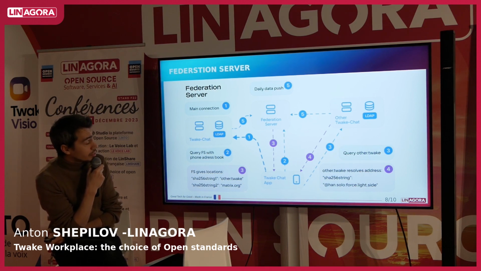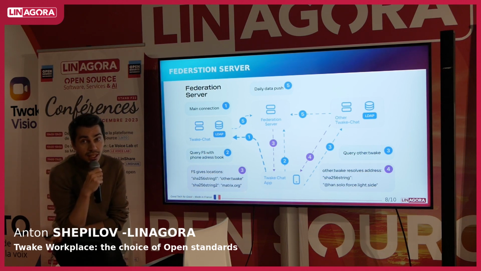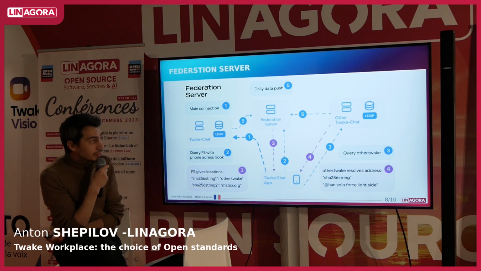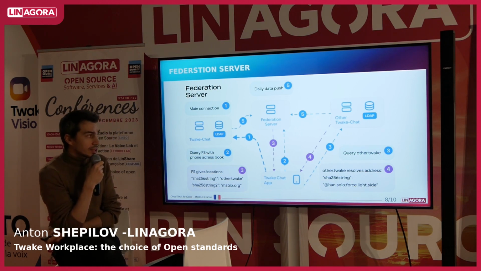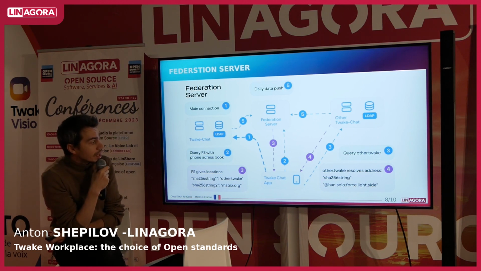So you take a phone number, resolve it to the Matrix address and start communicating directly with the person, even if he doesn't use Twake as a messenger, he can use another messenger based on Matrix. And that's what we are doing.